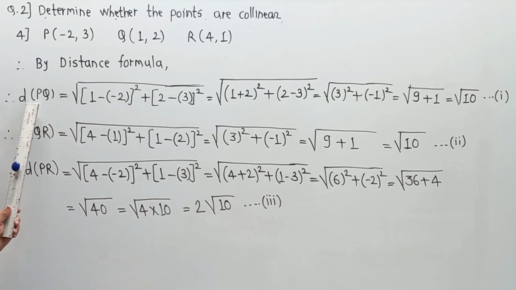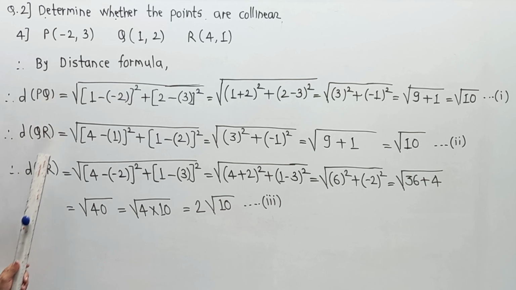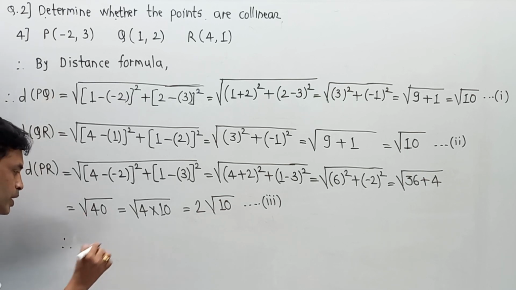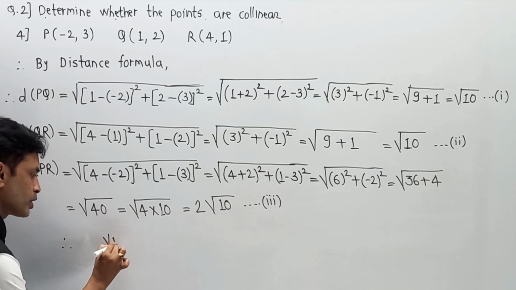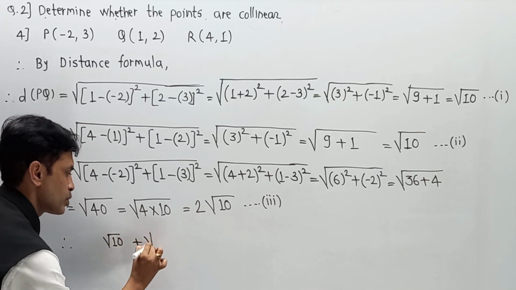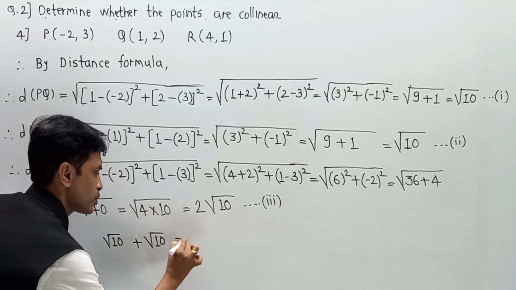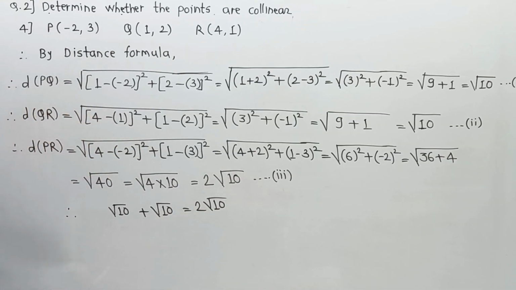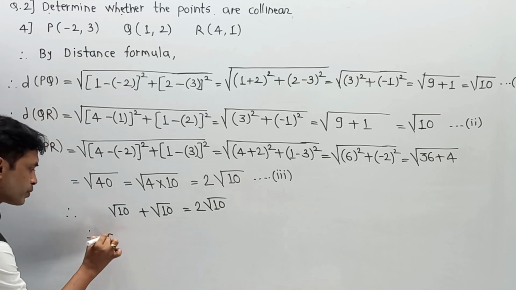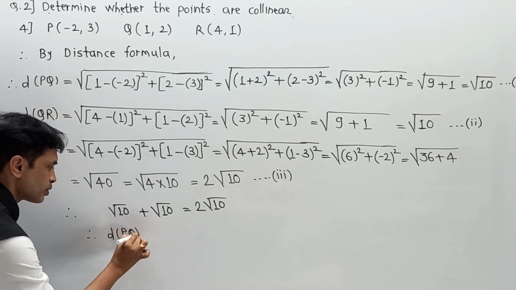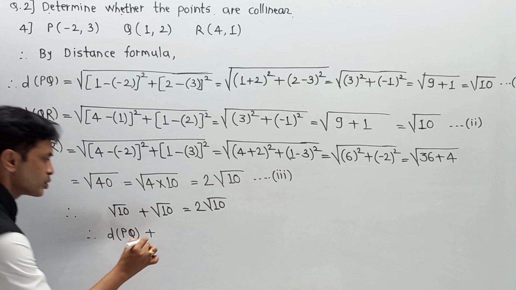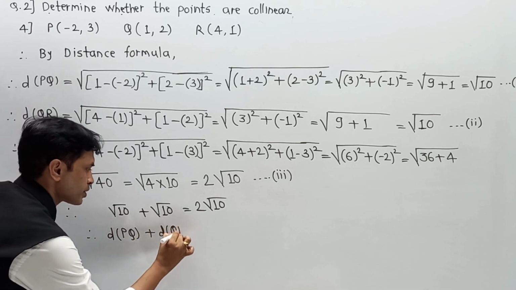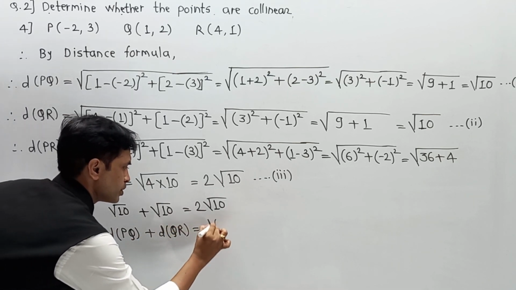Logically you can say that distance PQ plus distance QR is equal to distance PR, means from 1, 2 and 3, root 10 plus root 10 is equal to 2 root 10. Or you can say that distance PQ plus distance QR is equal to distance PR.